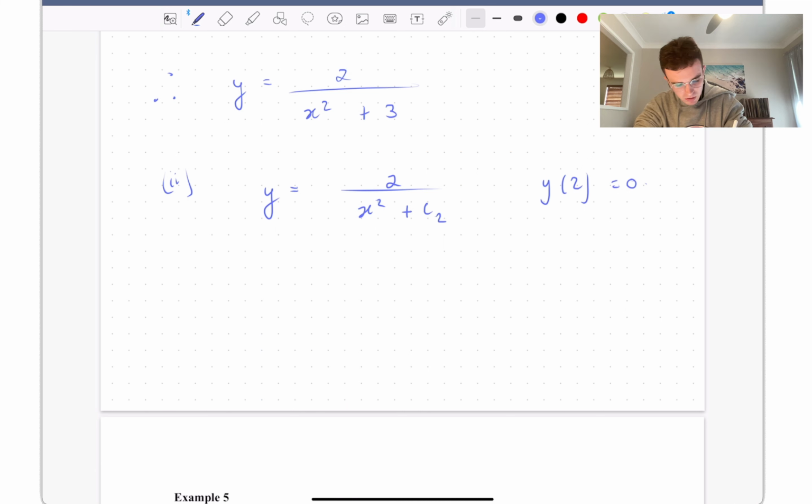So 0 is equal to 2 over 2 squared, which is 4, plus c2. If we flip this upside down, we're going to get 0 is equal to c2 plus 4 on 2. Now I'm getting c2 is equal to minus 4.